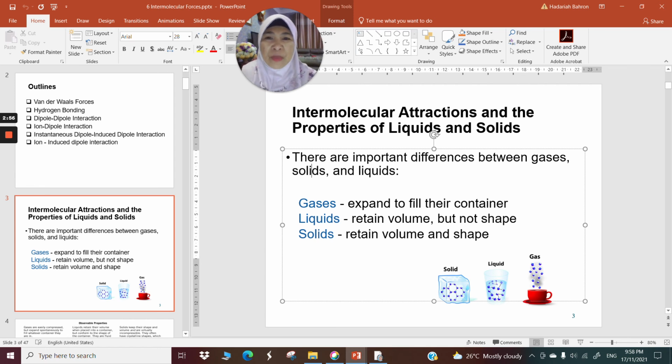Solids, if released from a container, will retain both their volume and their shape. That is how these 3 phases differ from each other.